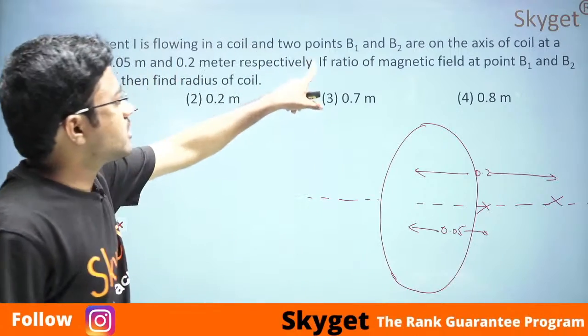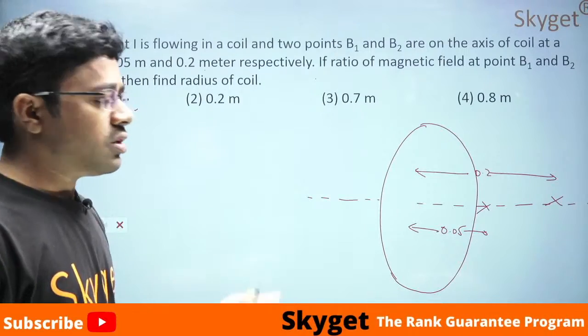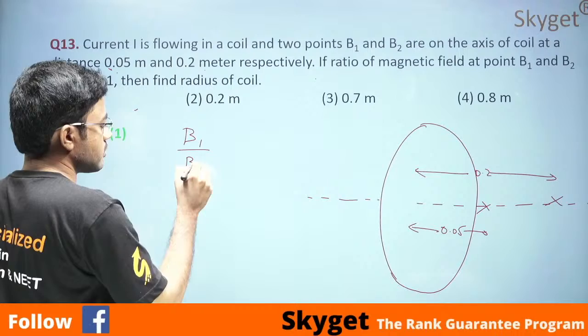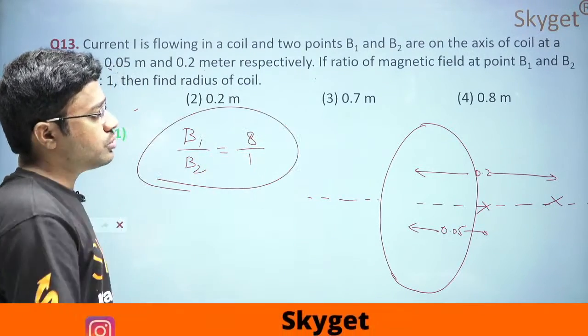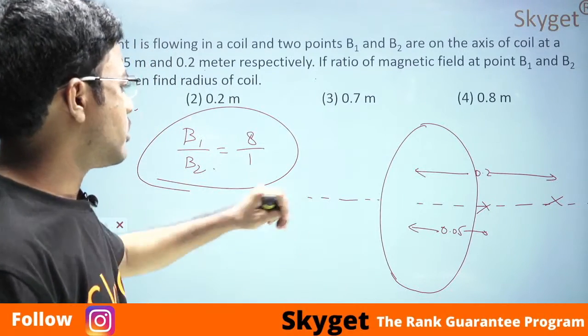The ratio of magnetic fields at B1 and B2 is 8:1. So what he has given, we have written here.